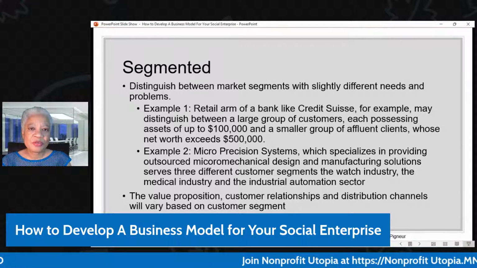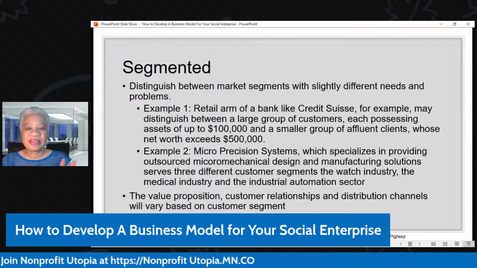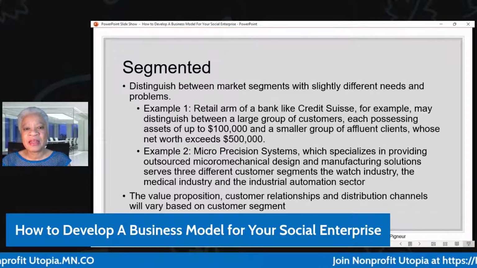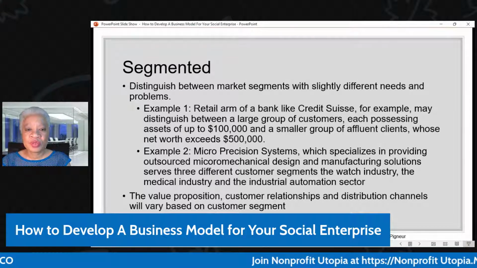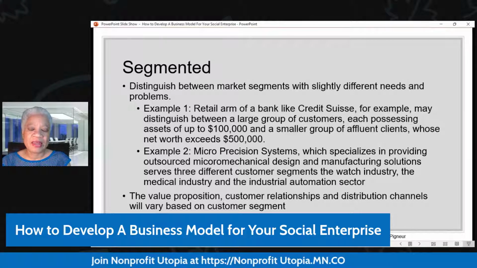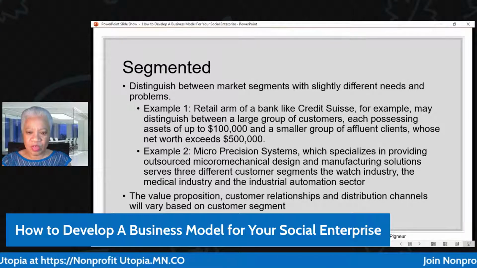All right, another approach is the segmented approach, right? So you're looking at really having a similar product. It doesn't have to be exactly the same, but it's a similar product, has similar uses, right? But you're targeting different segments of the market. And one example could be Credit Suisse.